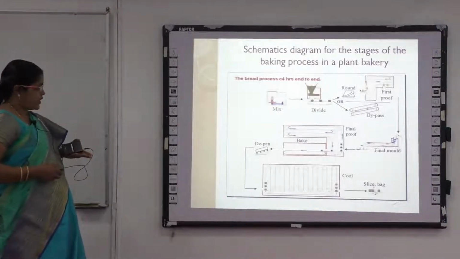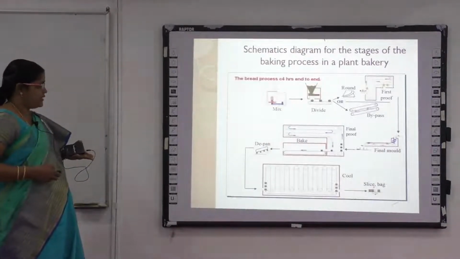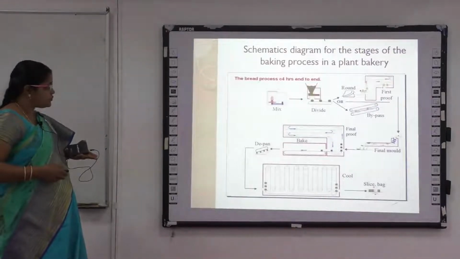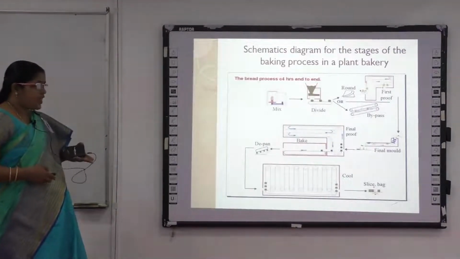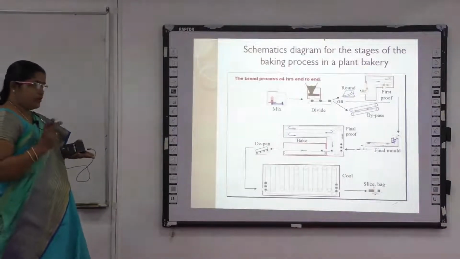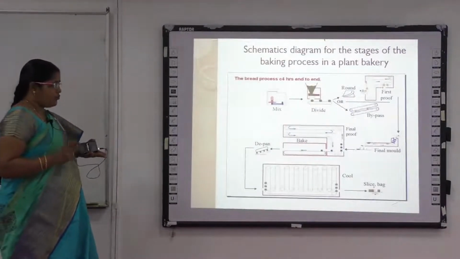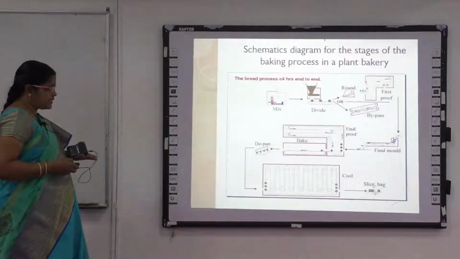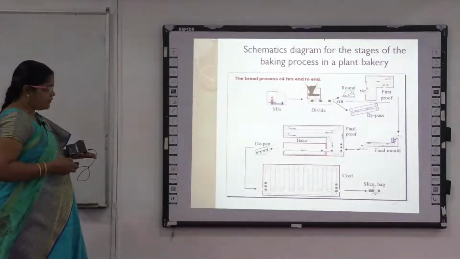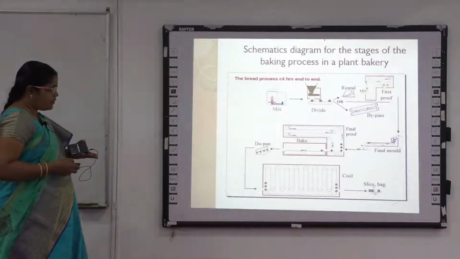Once mixing is completed, the dough will move to the divider. The divider will divide the dough into equal, uniform portions of cylinders. The dough divider works so that from the feed hopper there will be blades.